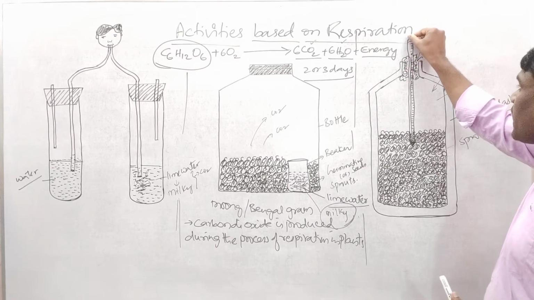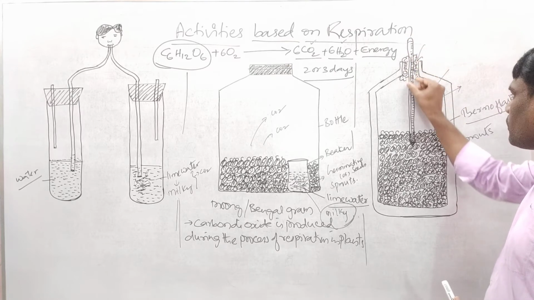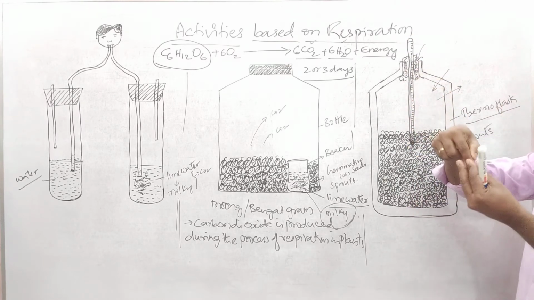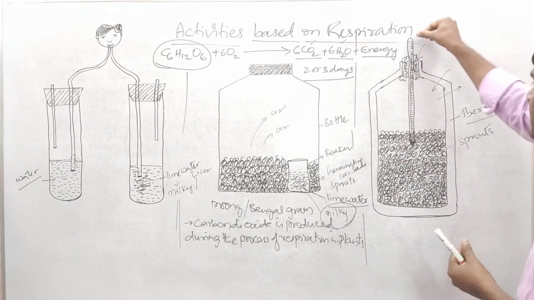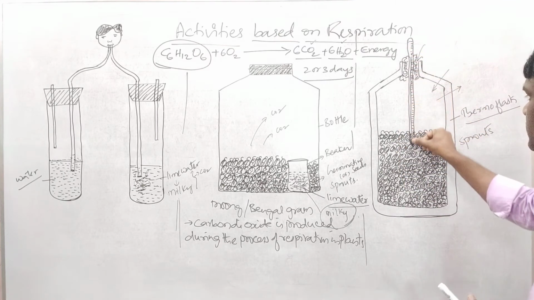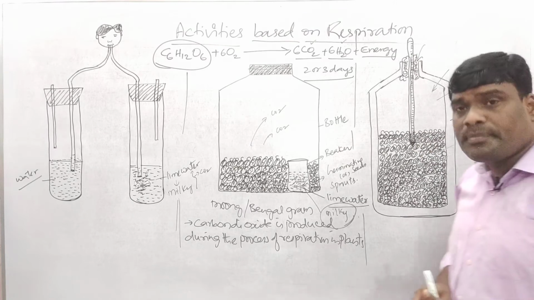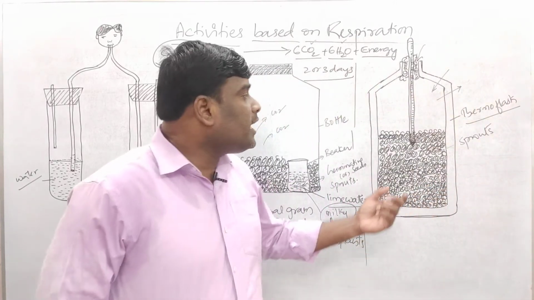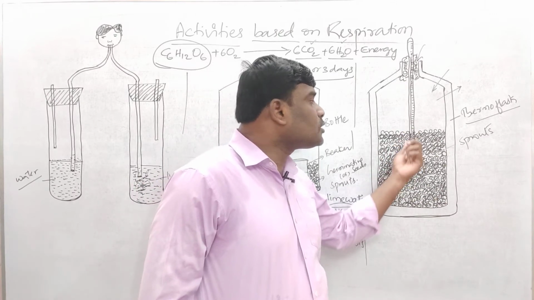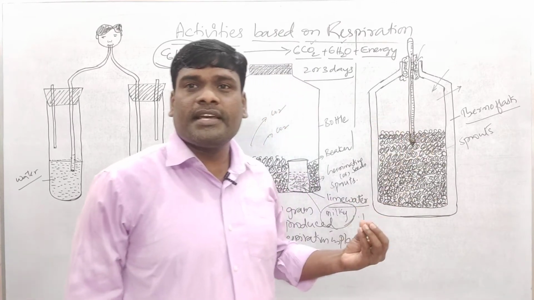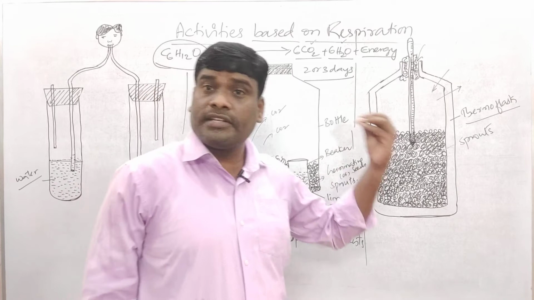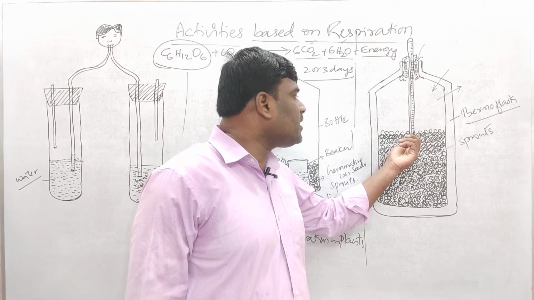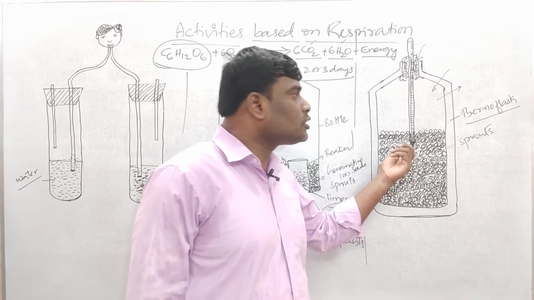And one thermometer, children, is inserted into this. You make a hole in the rubber cork and insert the thermometer into this thermoflask. And you have to be very careful that the bulb of the thermometer should be inside the sprouts. Then only we can see the temperature rising or not. So the main thing is the bulb of the thermometer should be inside the sprouts.